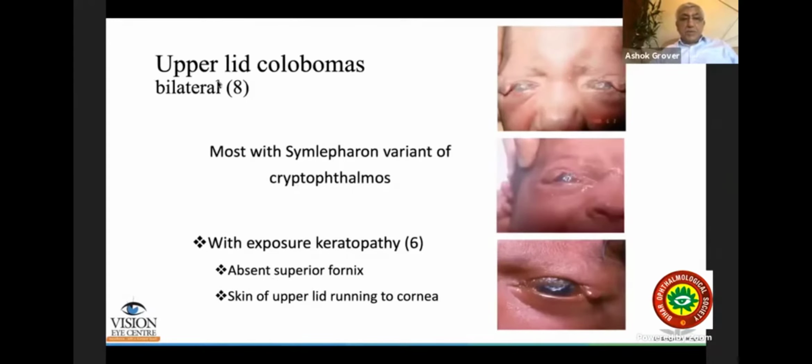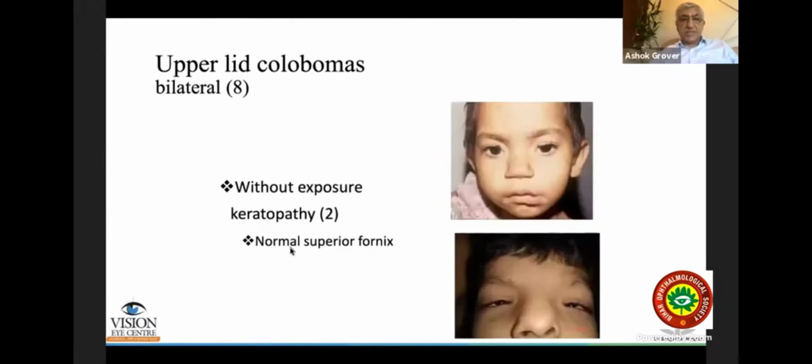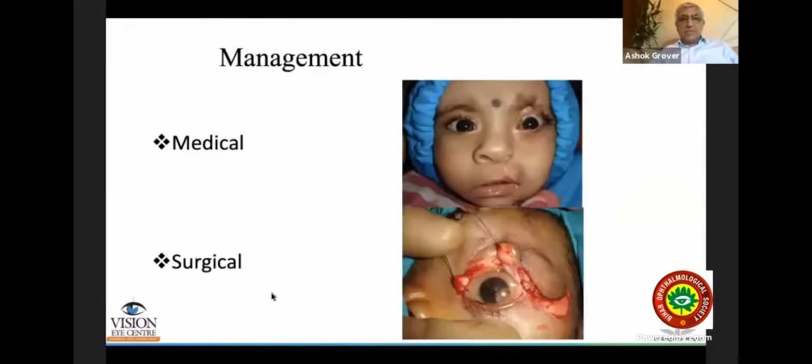The bilateral upper lid colobomas are mostly with symblepharon variant of the cryptophthalmos and present with exposure keratopathy, as we see in this patient. Some of these rarely are small bilateral notches, and then they are without any exposure keratopathy.